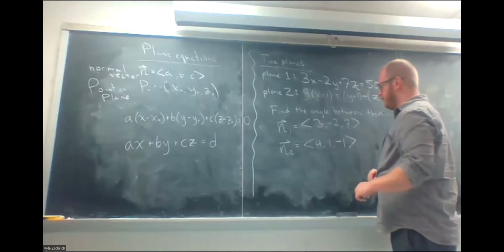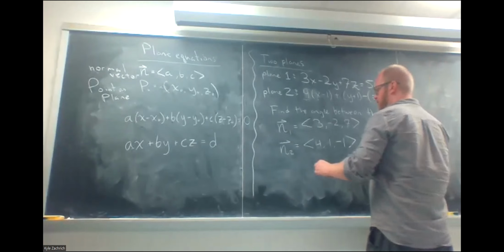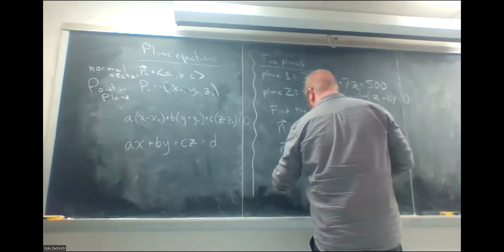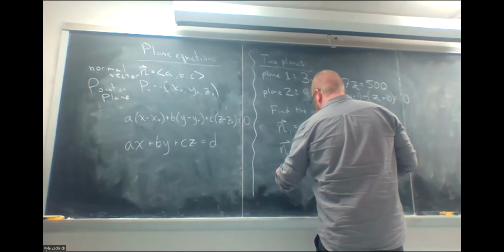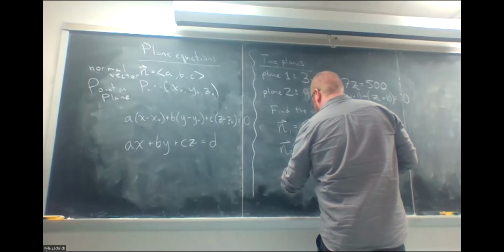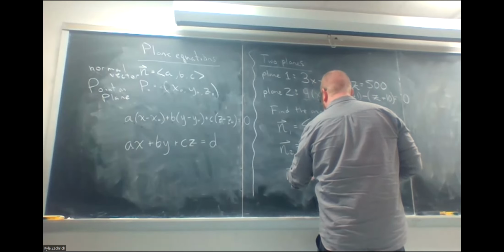Once you get these two normal vectors, then you can plug them into this formula here. N1 dotted with N2.